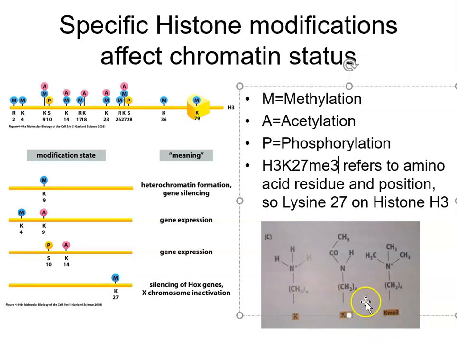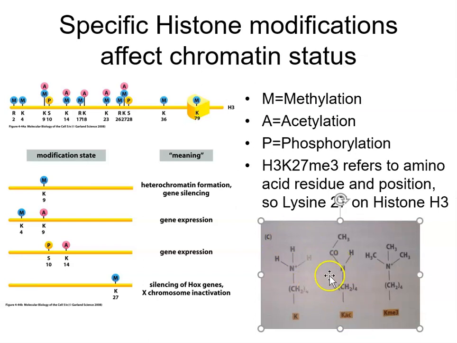Normally it can be acetylated, so this is an acetyl group, and then it can be trimethylated, so this is 1, 2, 3 methyl groups added to it. So if you see the code H3K27Me3, it means that this has happened, which is this silencing of histone H3, and that's particularly relevant to X chromosome inactivation, and also this fascinating group of proteins called Hox genes, and these control embryonic development.